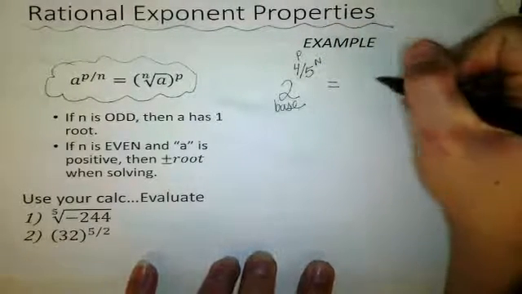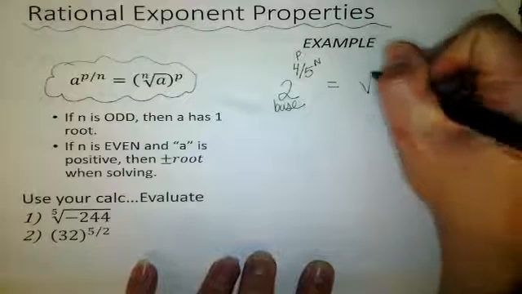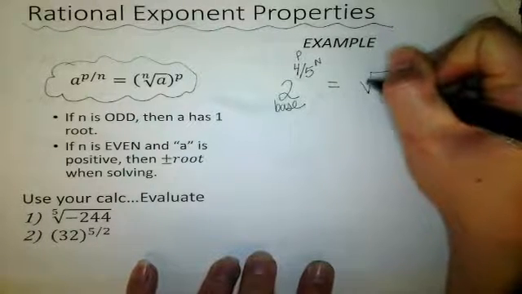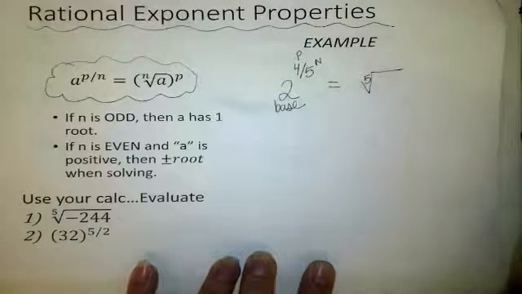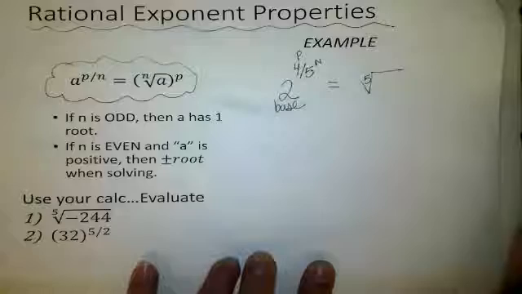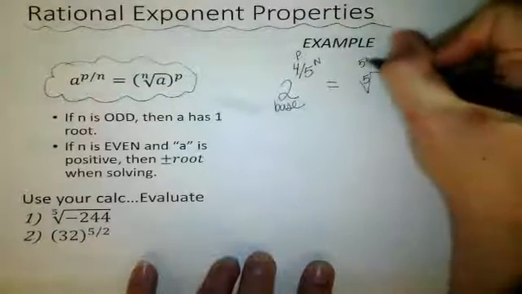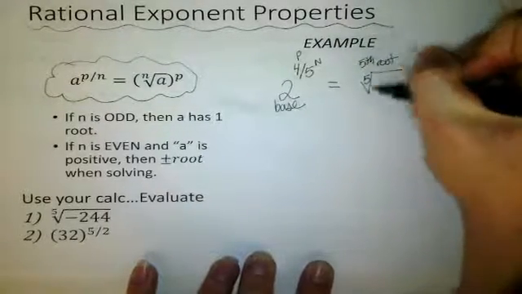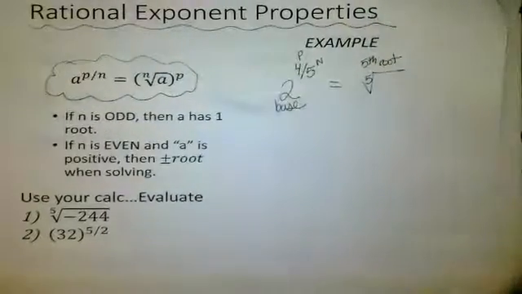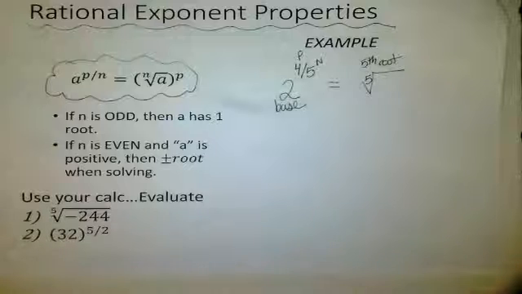The index is the number in the little elbow of a radical, but it's not called a square root. Now this is called a fifth root, because of the index. If it was a 6 in the elbow, we'd say a 6th root. Or a 3 in the elbow, we'd say a 3rd root or a cube root.